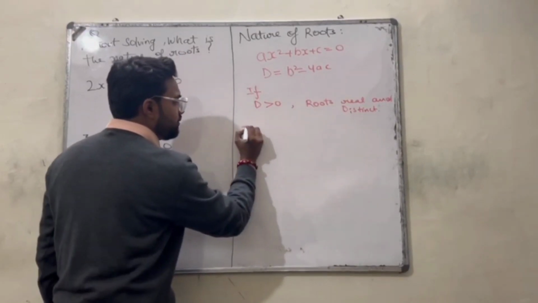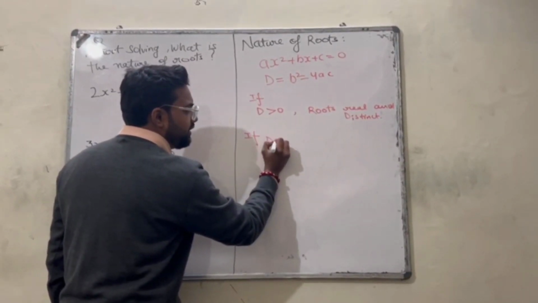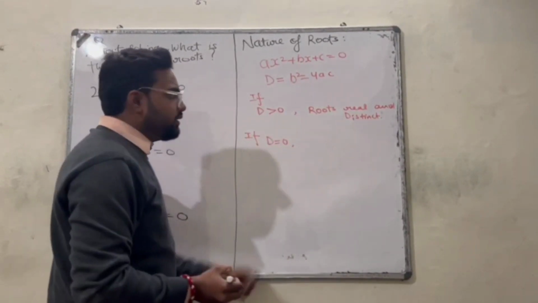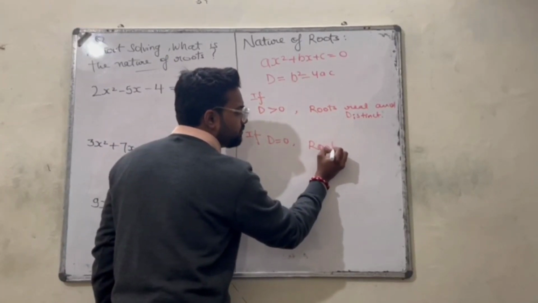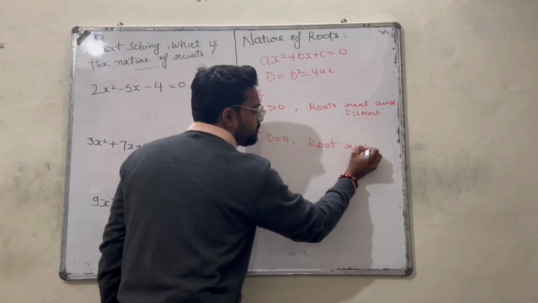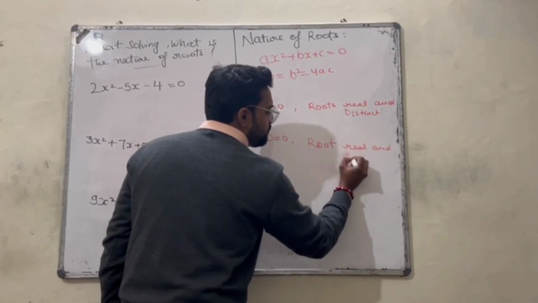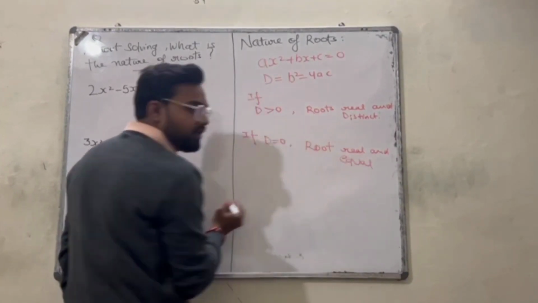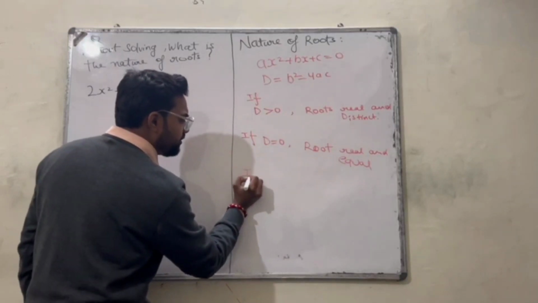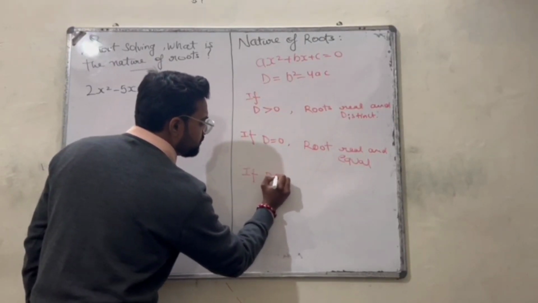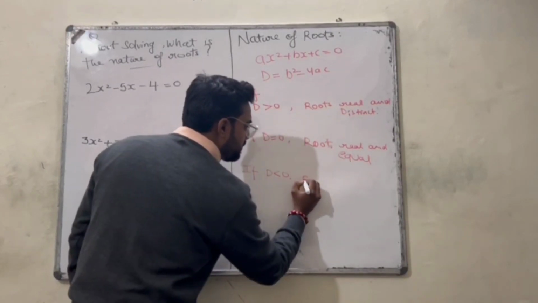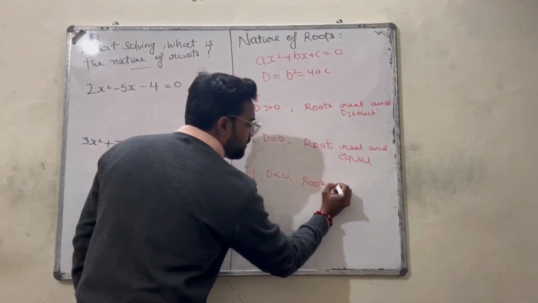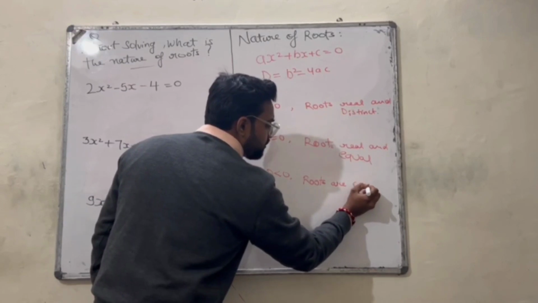If D is equal to 0, then roots are real and equal. If D is less than 0, then roots are complex.